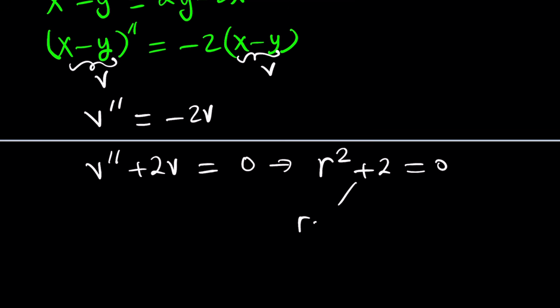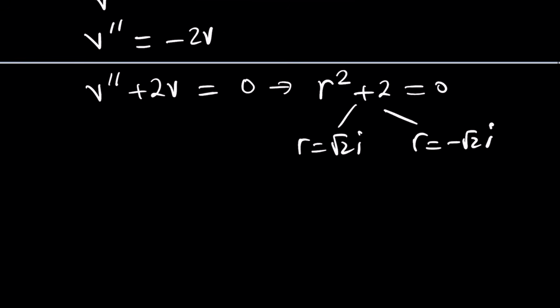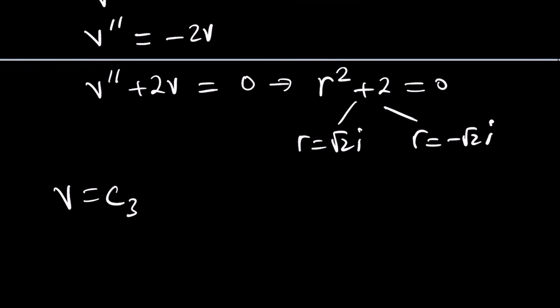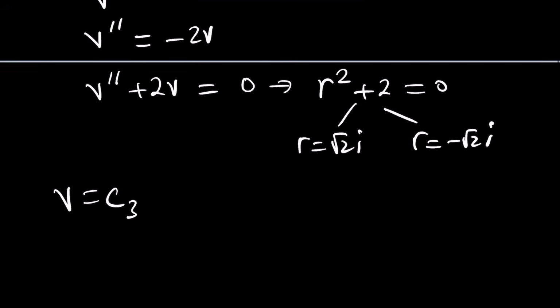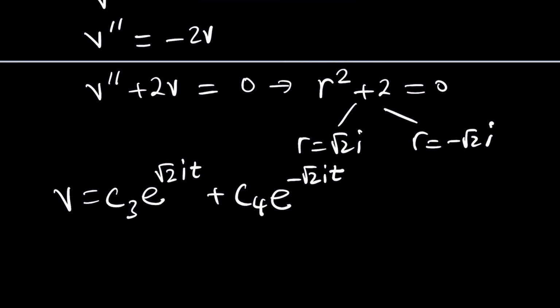And from here, the roots are going to be square root of 2 i and negative square root of 2 i. And of course, since the solutions are e to the power rt, you can now write v as c3, because we already used c1 and c2, c3 times e to the power root 2 i t plus c4 times e to the power negative root 2 i t. Great.